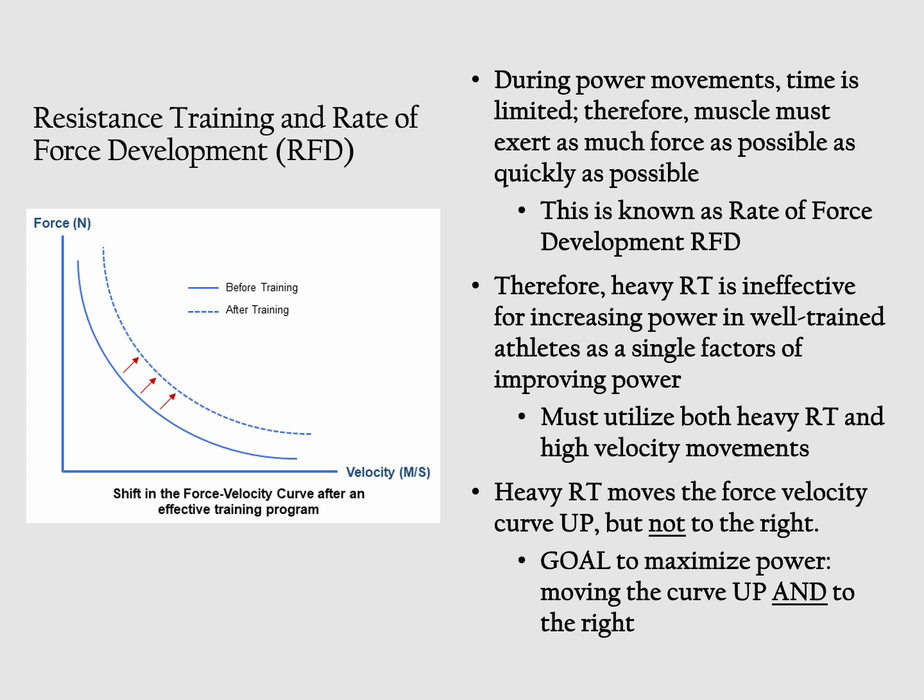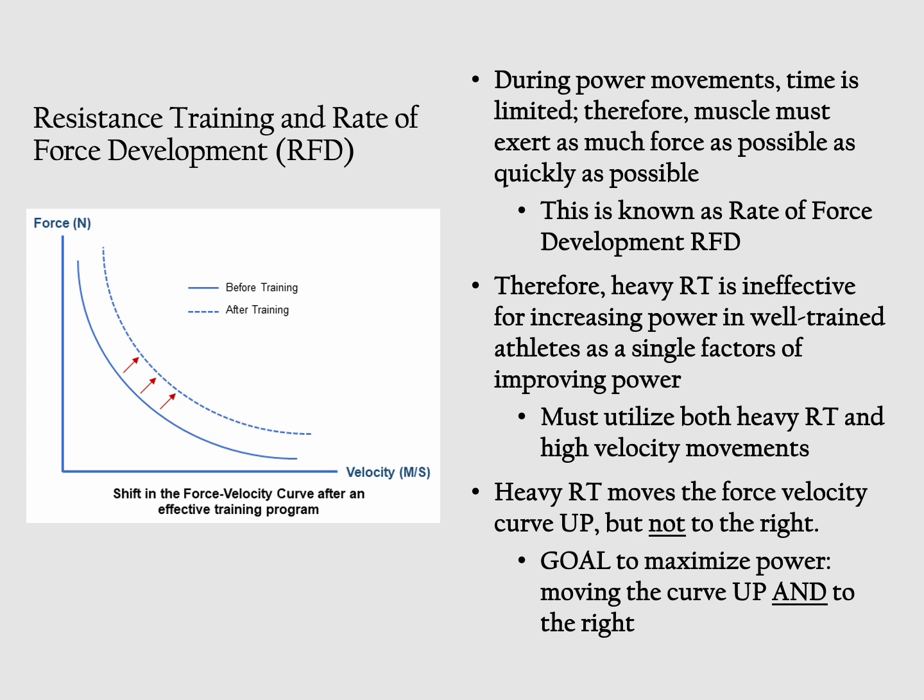Here is your force velocity curve that we've been talking about so much. In the image, we have force on the y-axis, velocity on the x-axis. At the corner where 0 should be, if we move directly from 0 up to the top of force, that's telling us that we have high force. We're producing a lot of force, but at very low velocities.